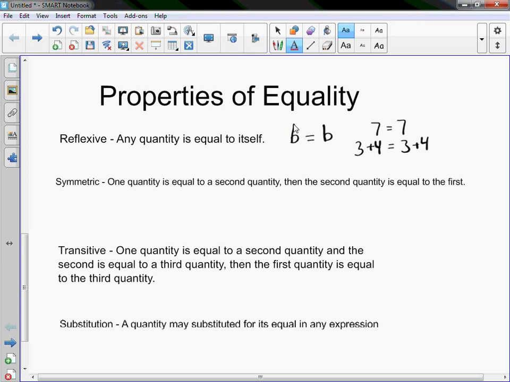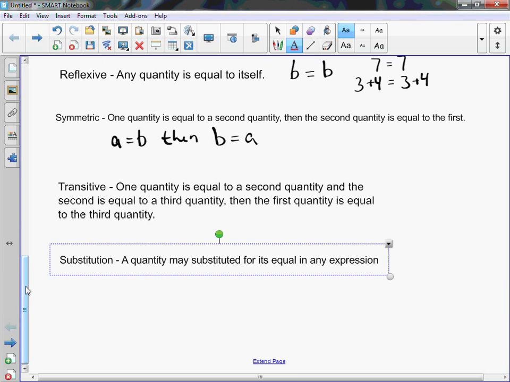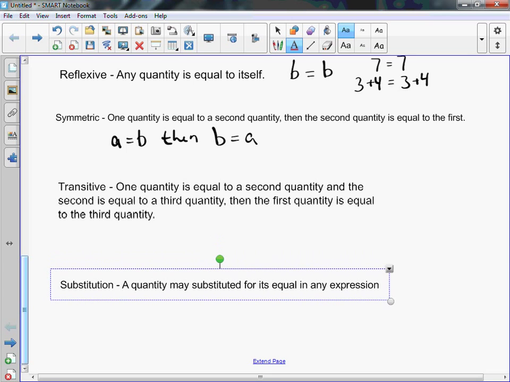In variables, it would say if A is equal to B, then B must also be equal to A. This one's much harder to write in numbers, but with variables that makes sense. If our first variable is equal to our second variable, then our second variable has to be equal to our first because they are equal to each other. It just says that an equal sign is a two-way street.